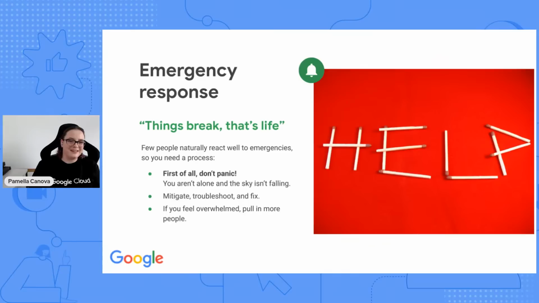And well, something that's part of the SRE culture is that you don't have to be afraid of asking for help, because things break. That's life, because nothing is perfect, and it's part of the IT world that everything breaks at some point in time.